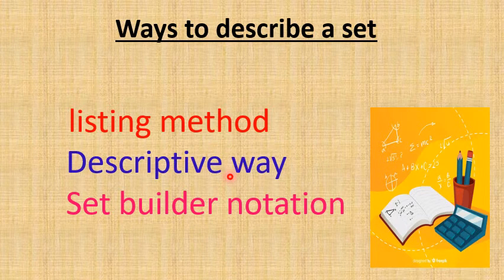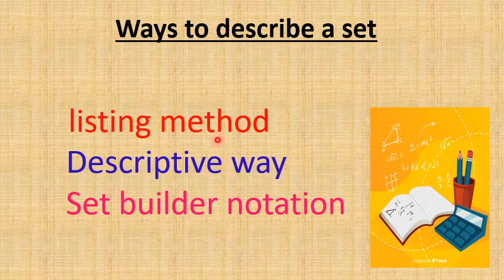Then the descriptive method is when I write this statement in English form: state the first 5 natural numbers, the set of first 5 natural numbers. So this is the descriptive way of writing a set. And set builder notation means that you are going to use some notations to describe the set.